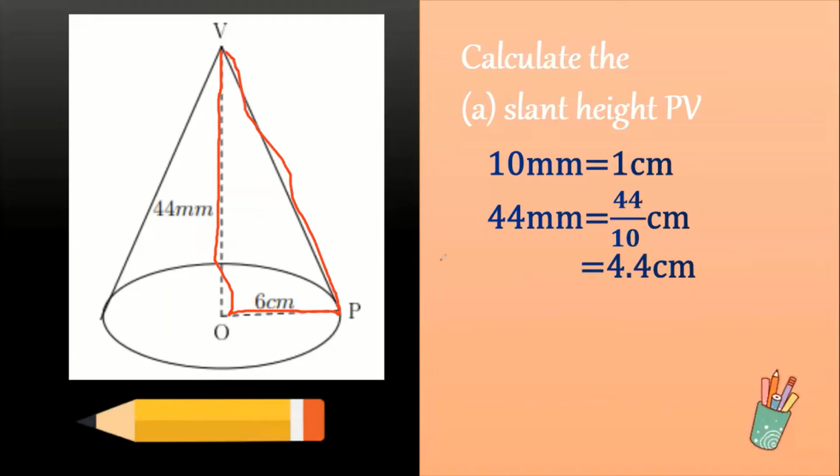And to use it, we will need to put the 44 millimeters in centimeters so that we have one unit. That's why I've stated here that 10 millimeters are equal to 1 centimeter. That therefore means that 44 millimeters will be equal to 44 divided by 10 centimeters, and that is 4.4 centimeters.